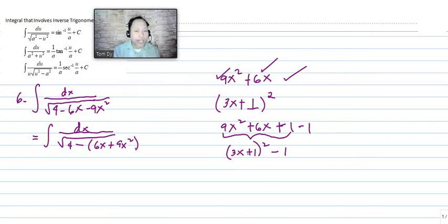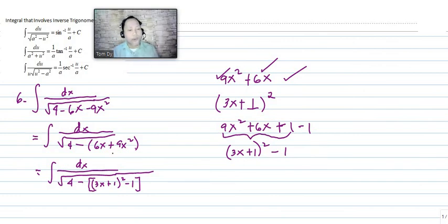So by using this value, we have the integral of dx over square root of 4 minus, instead of writing 6x plus 9x squared, we will write 3x plus 1 squared minus 1. Take note, this one is equal to 6x plus 9x squared.